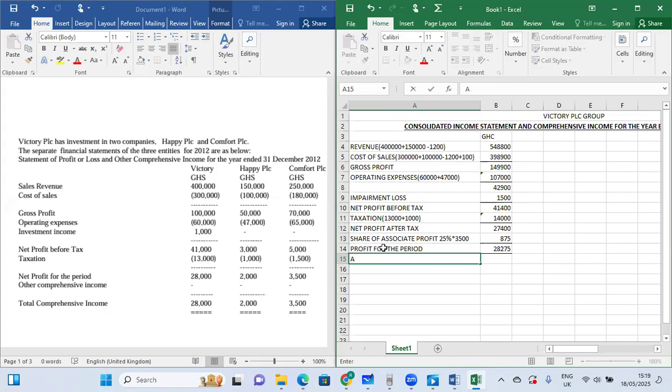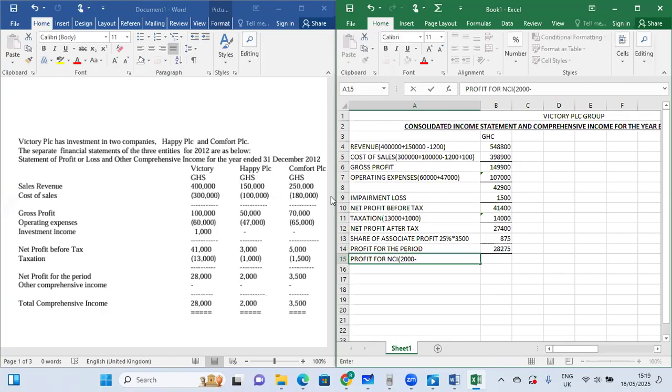So the profit attributable to NCI is just going to be what they have in their comprehensive income, 2,000, minus, because they sold to us and some of the goods are still in the inventory, we've realized a markup on it.